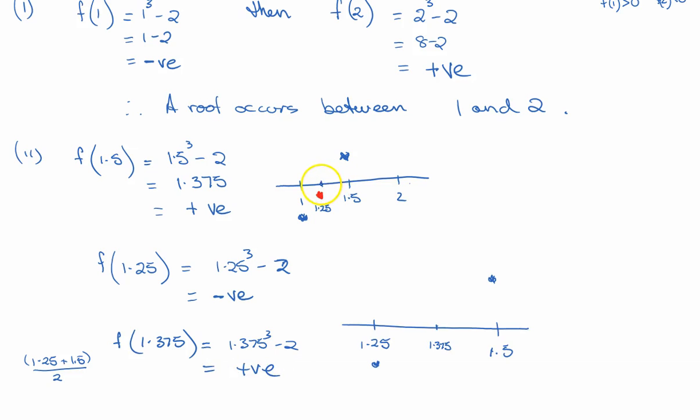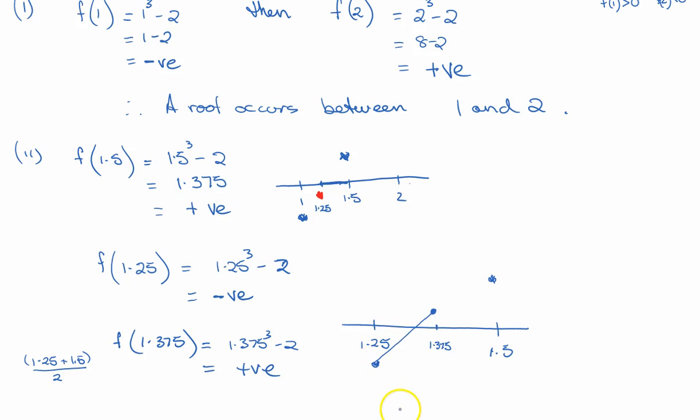Now, if we zoom in on just this interval here, between 1.25 and 1.5, we know at 1.5 it's positive, at 1.25 the function value was negative, and what we've just established here is at 1.375 you get a positive value, which means we're back up here. So what do we know now?